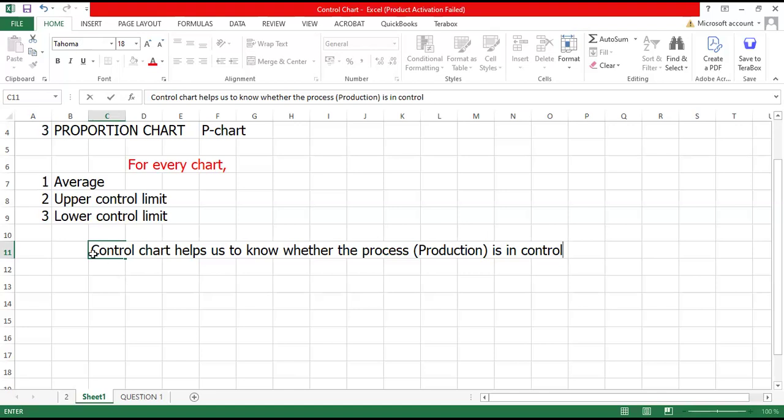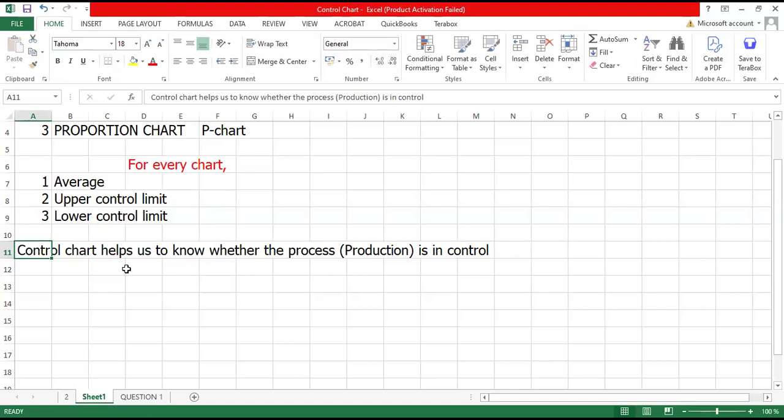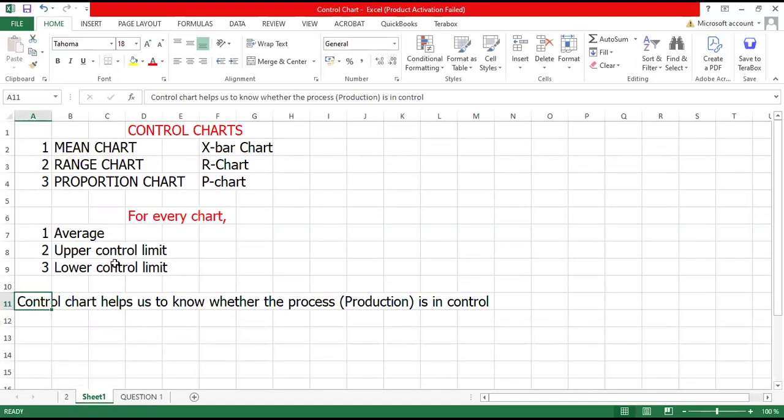So for you to know whether the process is in control, then it means that you need upper limit, you need also the lower limit. If you plot your mean, if you plot your average, if you plot your proportion, you see whether all points are within the control. We don't want to see a point exceeding upper control limit. We don't want to see a point that is below lower control limit.